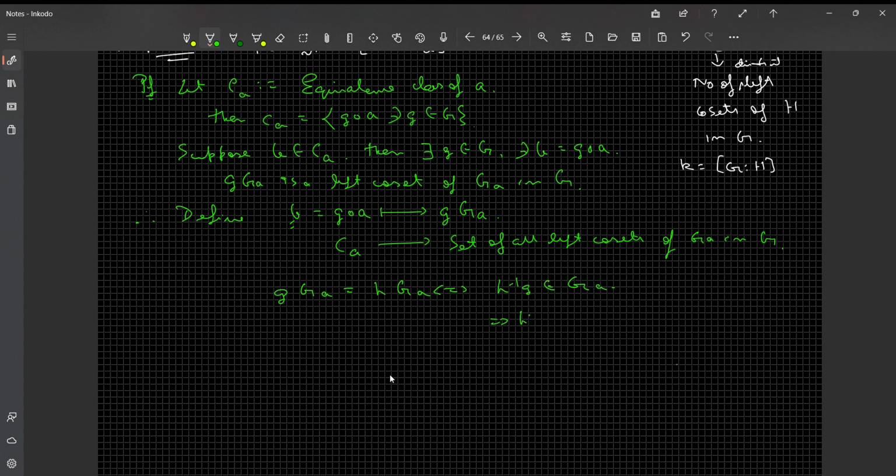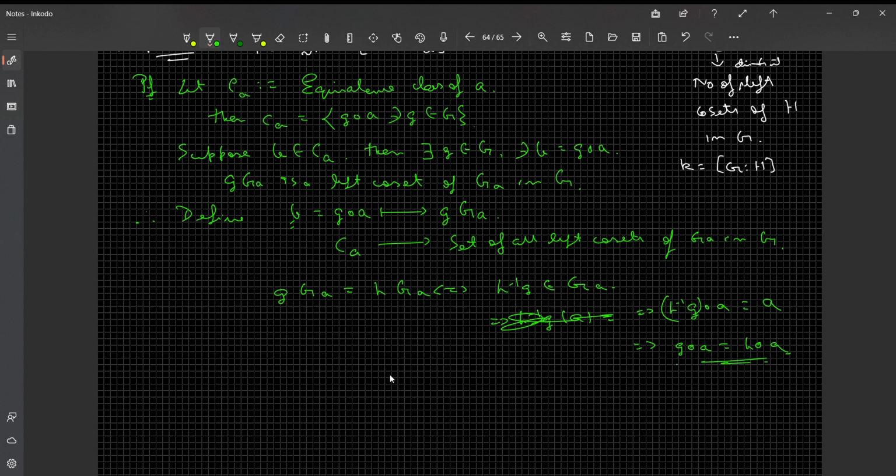But that implies h inverse g on A is equal to A. But that means g on A is the same as h on A. So this is obviously one-to-one, correct?